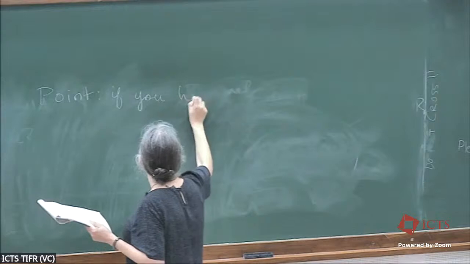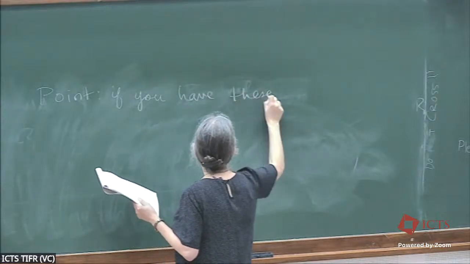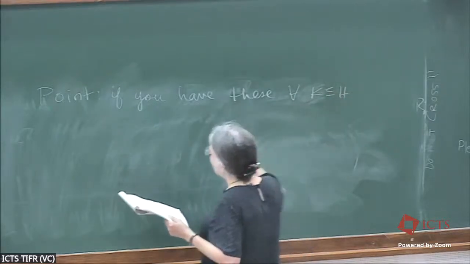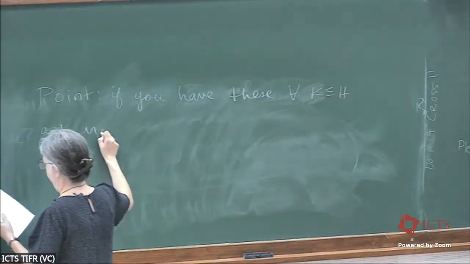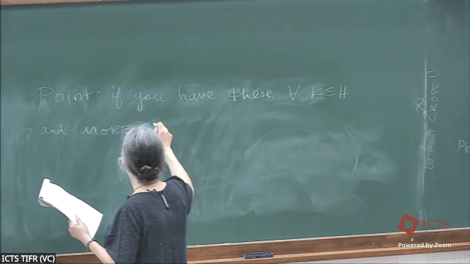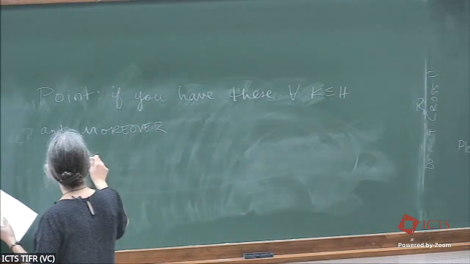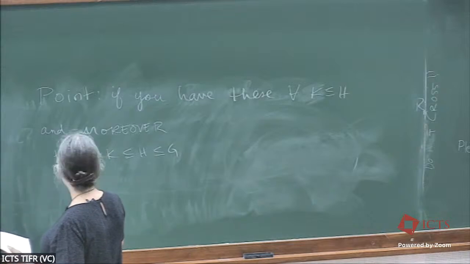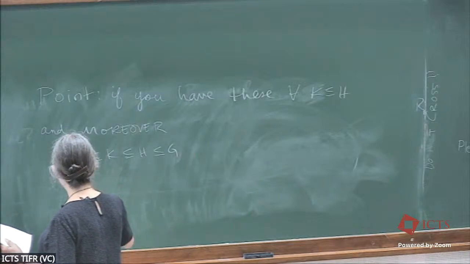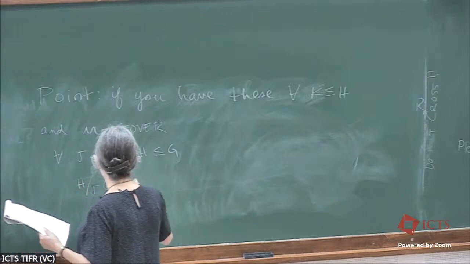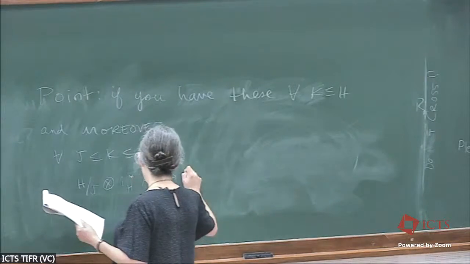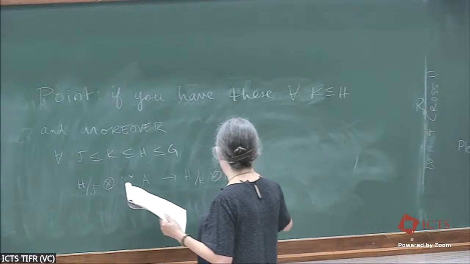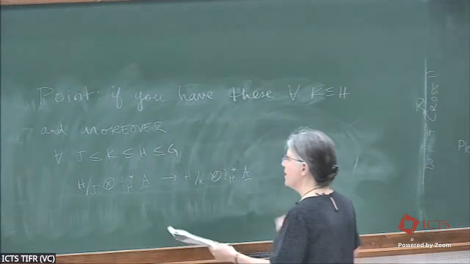if you have these for all K in H, and moreover, I want for all J in K in H and in G, I also want a way of going between H over J tensor I_H star A into H over K tensor I_H star A. Same kind of thing.